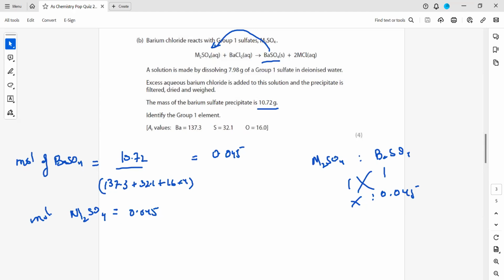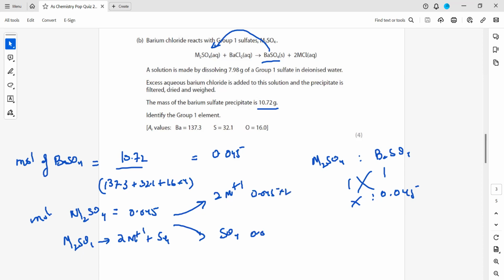It contained 2 moles of this group 1 metal for each mole of sulfate, because it is written M2SO4. So when it breaks down into ions, it will produce 2 group 1 ions and 1 sulfate. So how many moles of sulfate are there? This will be 0.045, because 1 mole of sulfate is produced, and the group 1 ion will be 0.045 multiplied by 2.